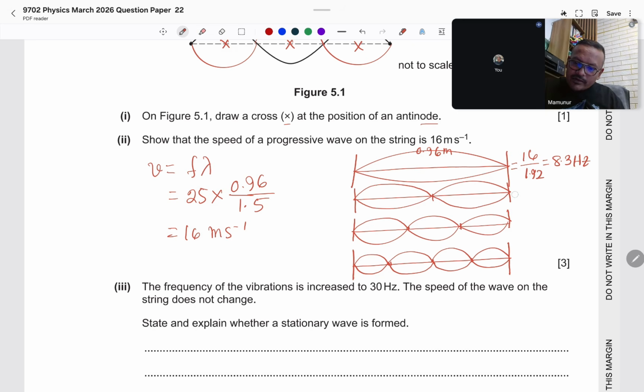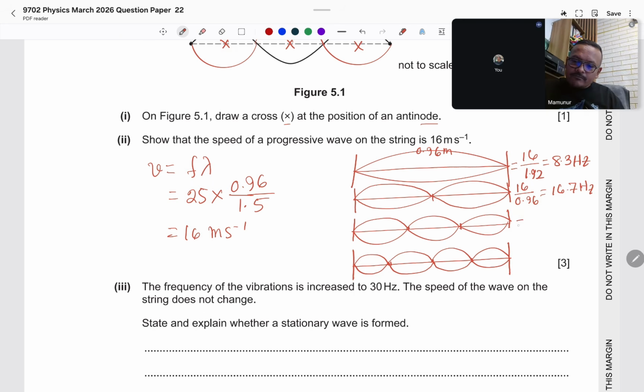And then for this one, 16 divided by 0.96 will be 16.7 hertz.